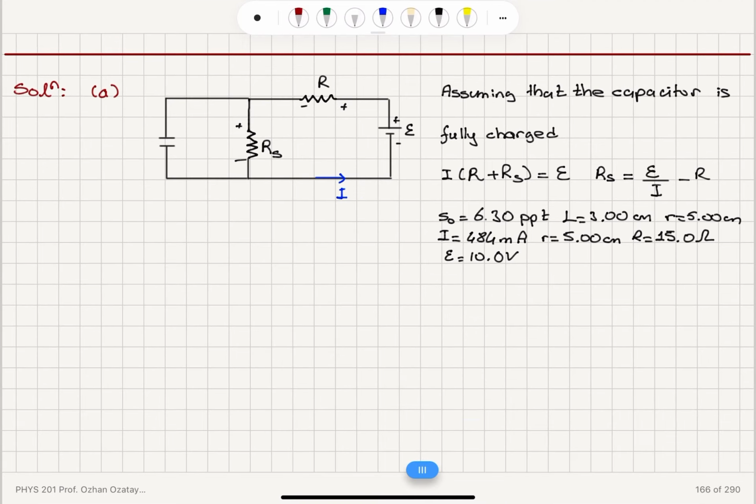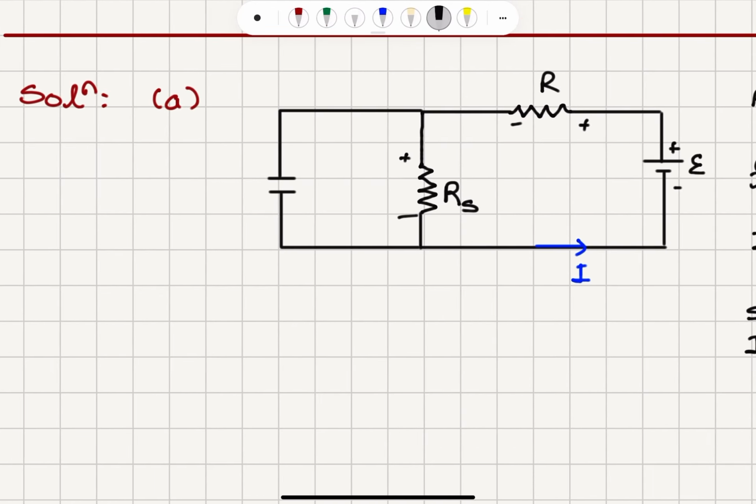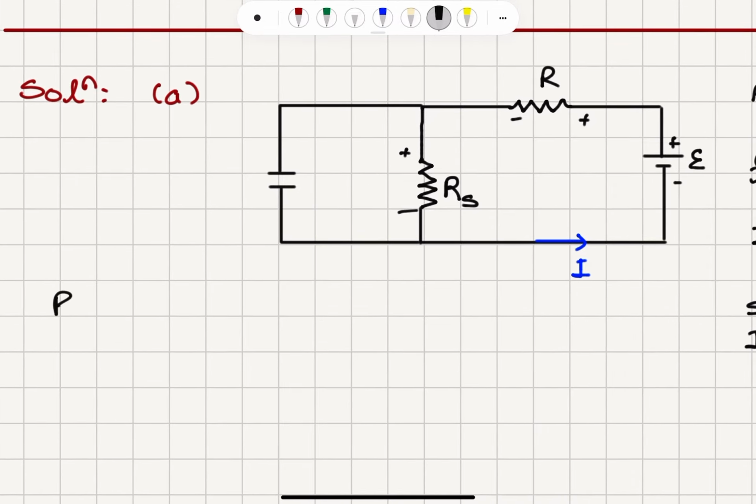Now, if I look at the resistance of the seawater, R sub S, it is the resistivity ρ multiplied by the length of the cylinder divided by the area pi r squared.